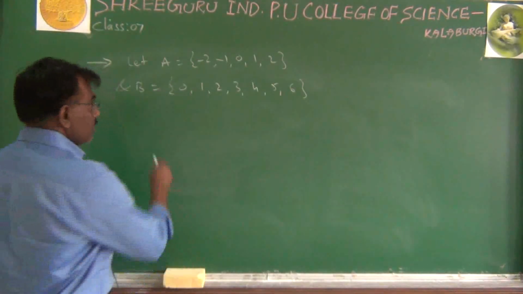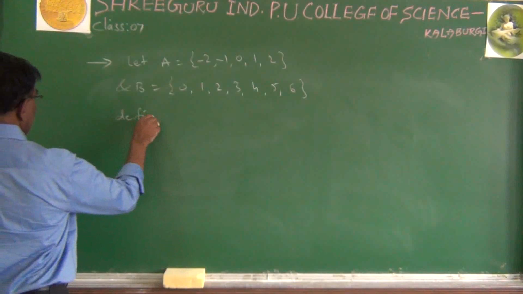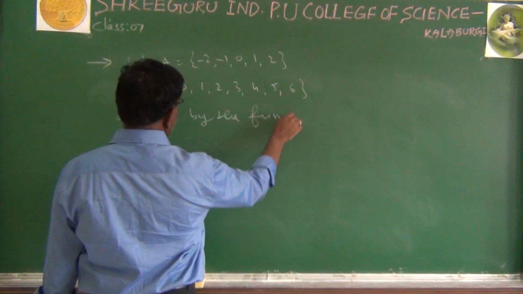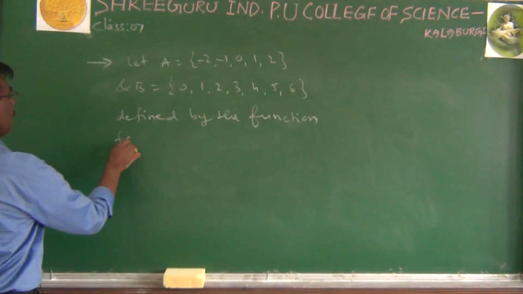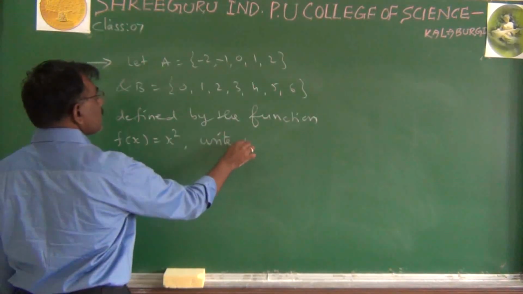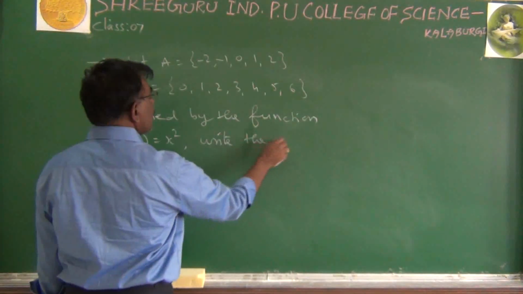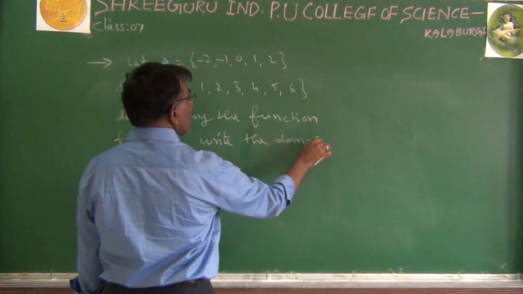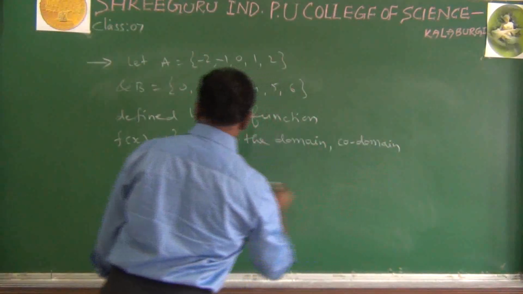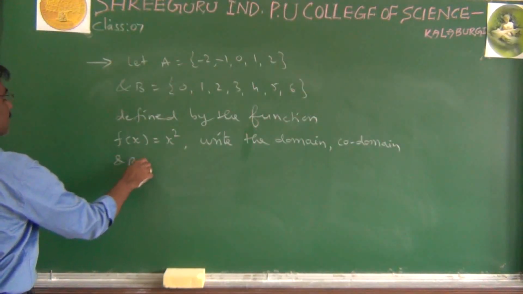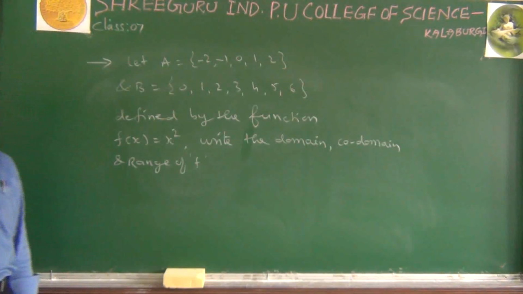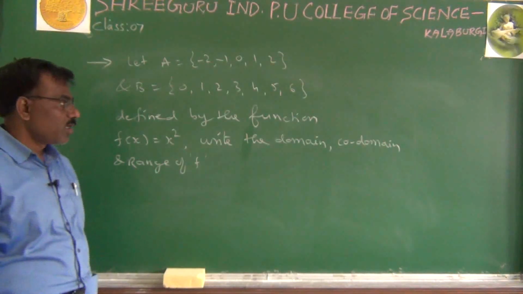Defined by the function f of x equal to x square. Write the domain, codomain, and range of f. So it is very simple, it is asking domain, codomain, range.